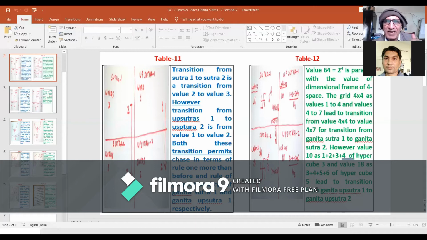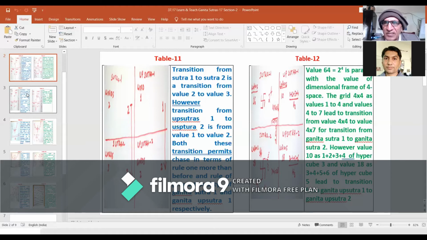So let us have a glimpse as to how the transition is there from number value 16 to number value 28. Number value 16 is of organization 2 raised to power 4, which is parallel with the value of the quadruple dimensions of spatial order of the fourth space, and the same is of organization 4 cross 4.